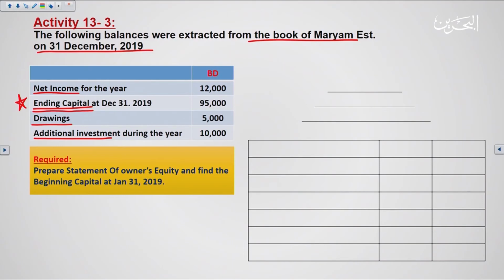the capital. Now, to start with the statement of owner's equity, we will write down first the name of the company, the owner's equity statement, which is the name of the statement. Then I will put the period that this statement was prepared for.